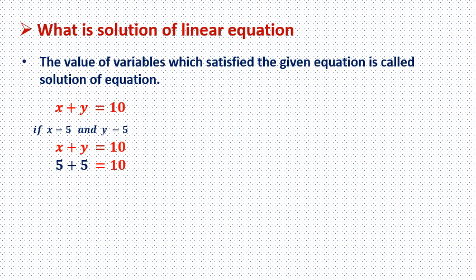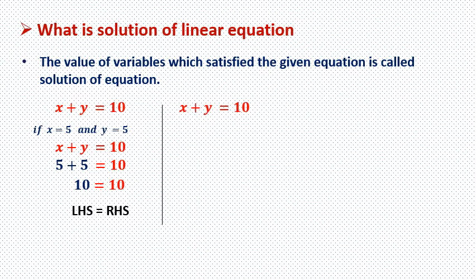It means at the place of x and y we have written their values. So 5 plus 5 will become 10, equal to 10. It means the left side and right side of the equation become equal. So such values of the variables are called the solution of the given equation.